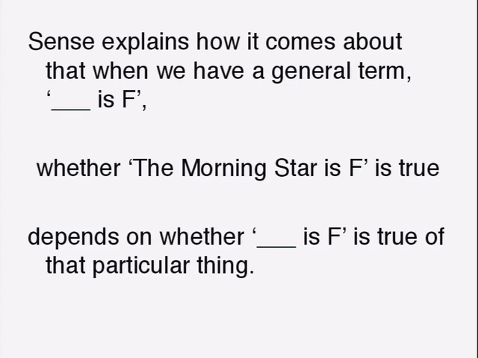So we're going to get something here about what it takes for a sentence to be correct or incorrect. How there can be sentences that are going right or wrong. So long as we've got terms that are expressing senses and thereby getting hooked up to objects, then we're going to have sentences that can be true or false.